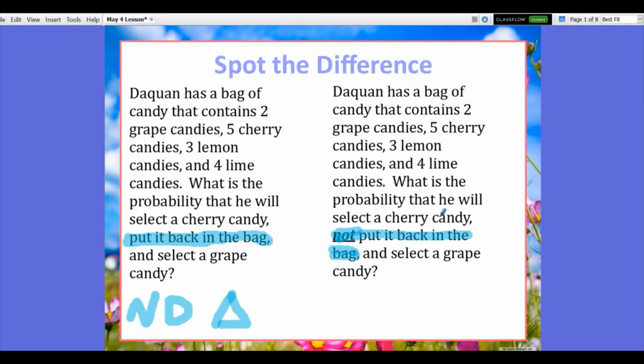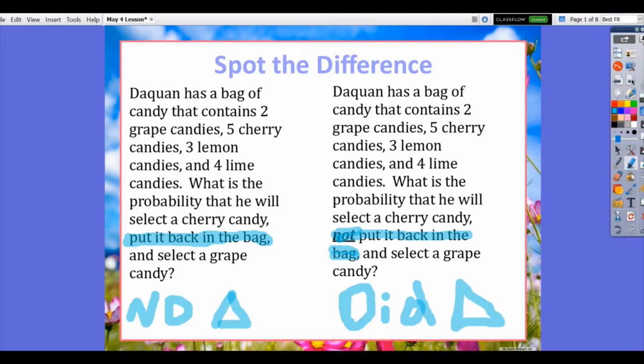He selected a cherry candy, but then he did not put it back. So when he went to pick a grape candy, it was not the same. This did change. It changed from the first time because he did not put the candy back. So that did, triangle means change. So let's go to our next slide, and we're going to talk about what these changes or these differences are called.